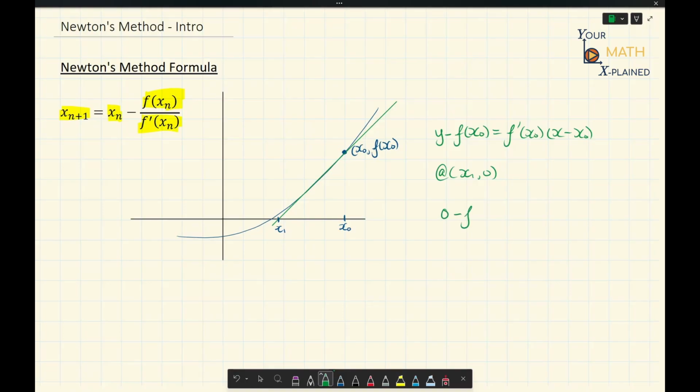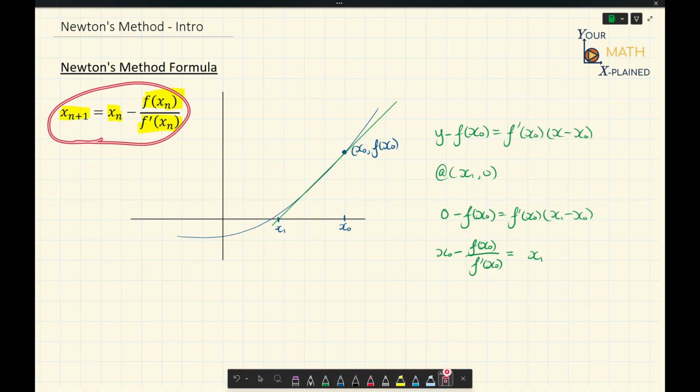So we have 0 minus f of x naught is equal to f prime of x naught multiplied by x1 minus x naught. Now isolating x1, we get x1 is equal to x naught minus f of x naught over f prime of x naught. And this is exactly this equation here. It's just that n here is equal to 0.